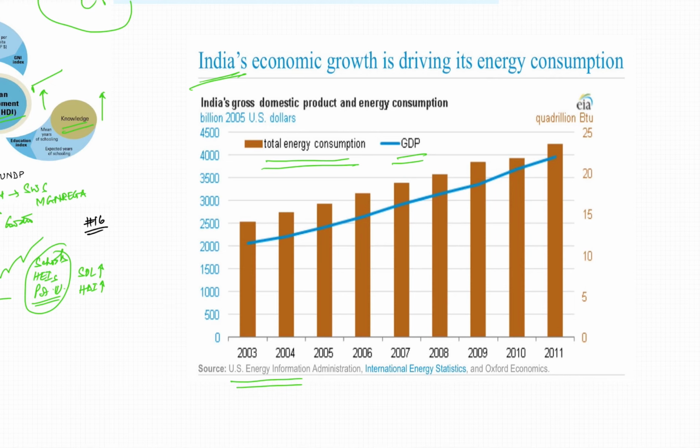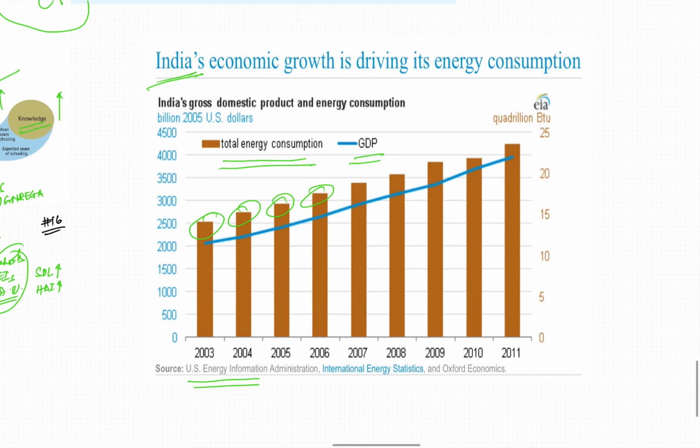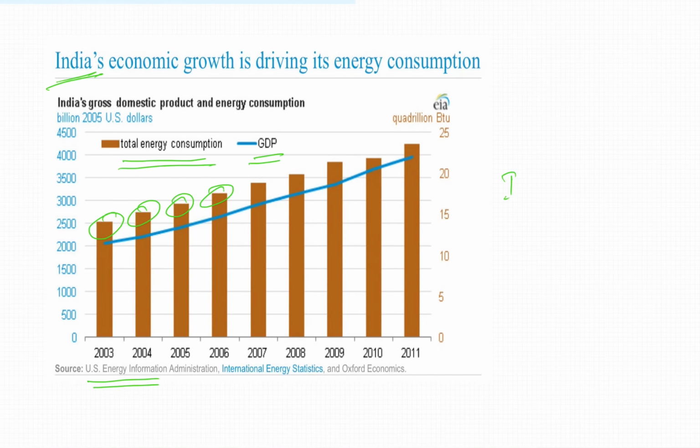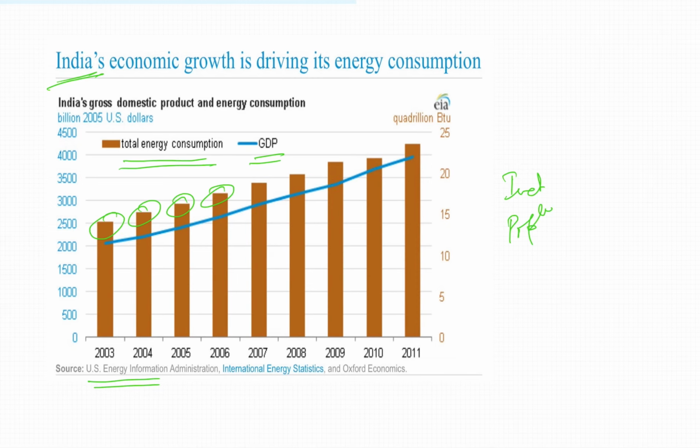Now, why they have done it, let us understand. If you see this, energy consumption has been constantly growing. Since energy consumption means what? Energy is consumed by either industries or the general population. Now, energy can be in the form of fossil fuels, right?